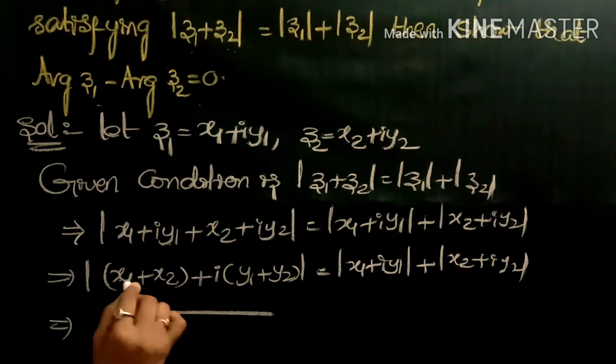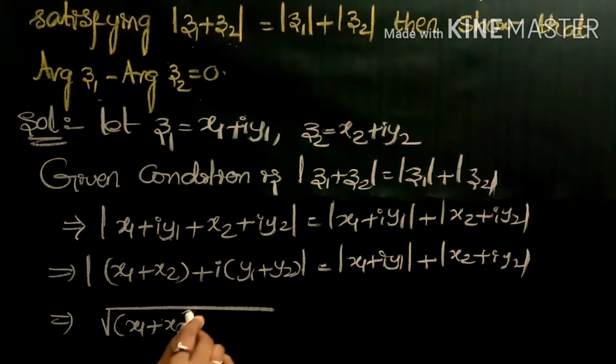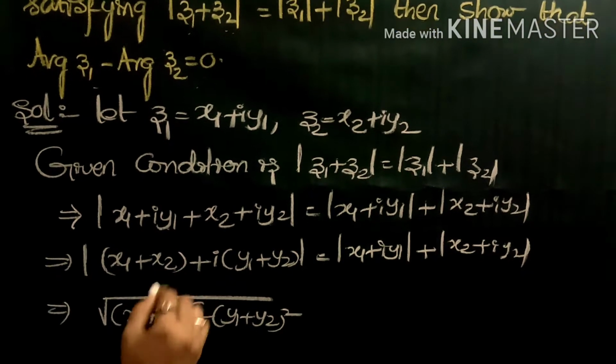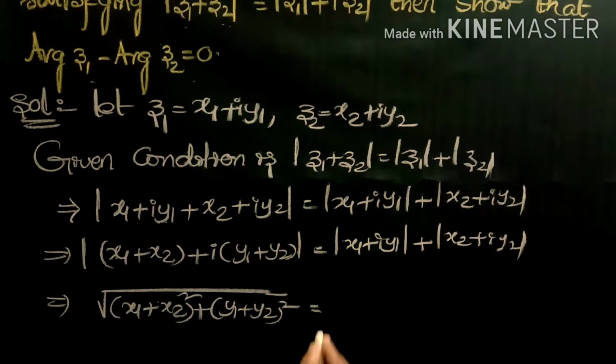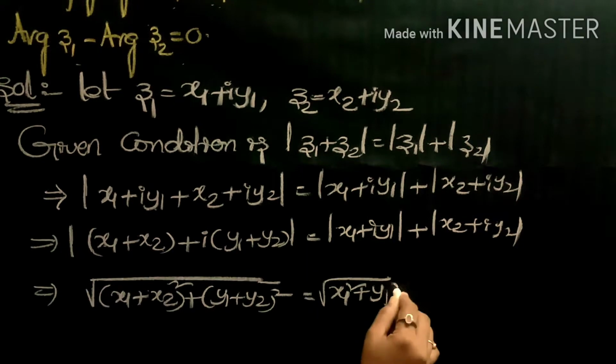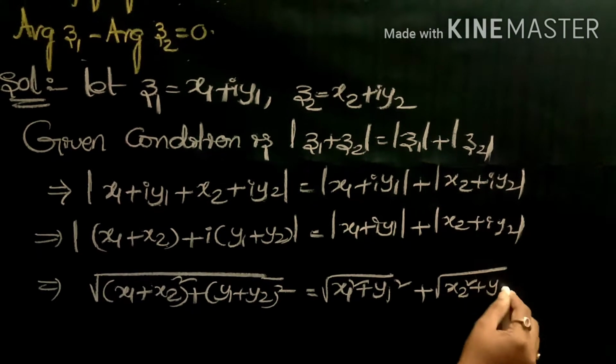That is square root of x1 plus x2 whole square plus y1 plus y2 whole square, real part whole square plus imaginary part whole square, is equal to square root of x1 square plus y1 square plus square root of x2 square plus y2 square.